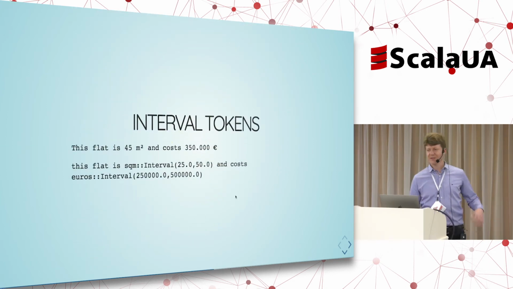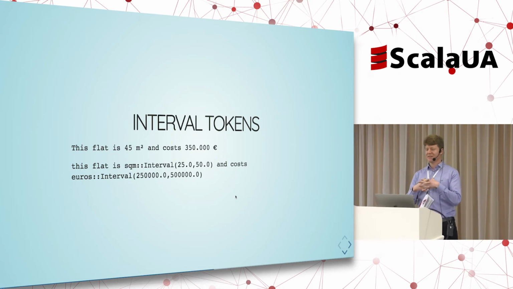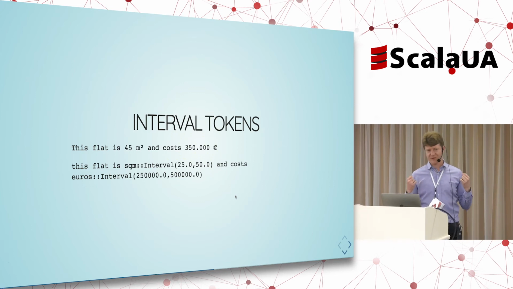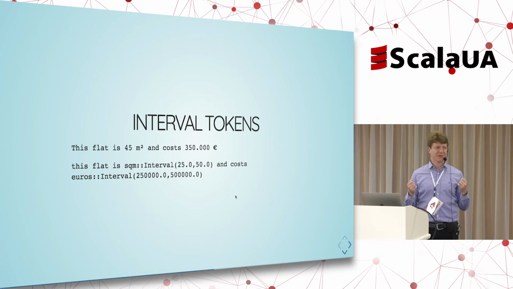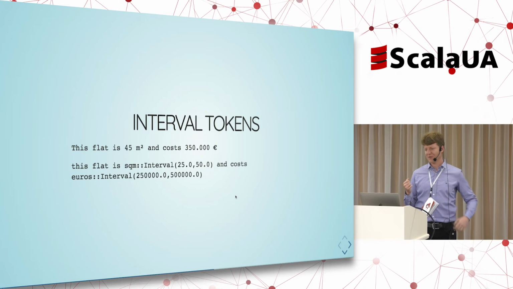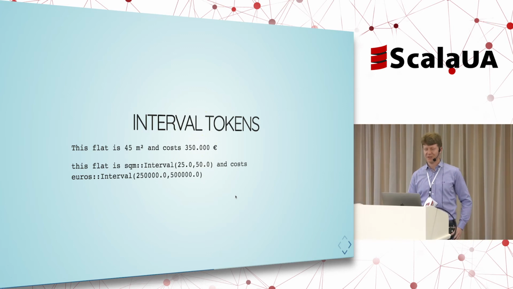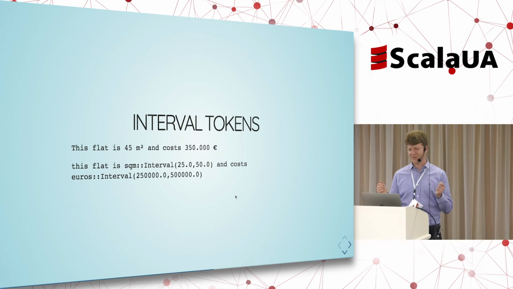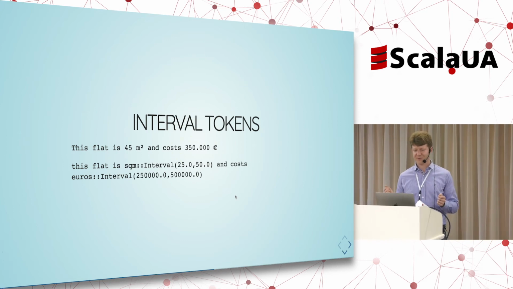Something else I did to improve the performance of my classification algorithms was that I introduced so-called interval tokens. If you look at real estate adverts, you will often find text like this: this flat is 45 square meters and costs 35,000 euros.